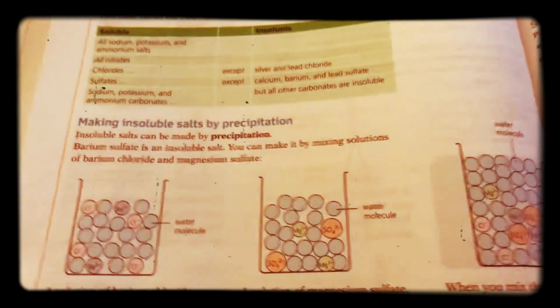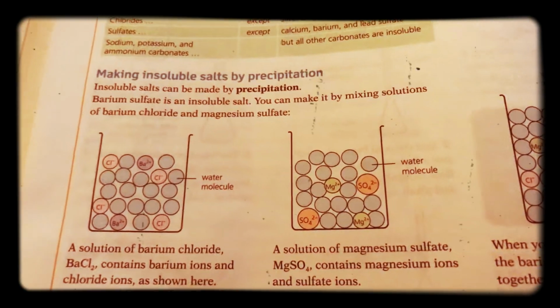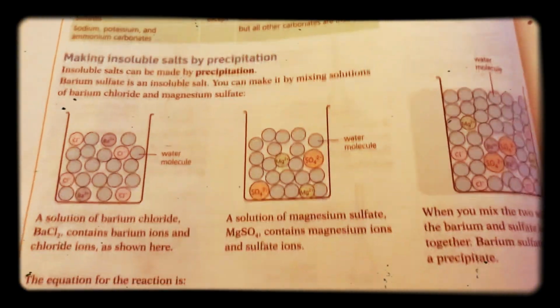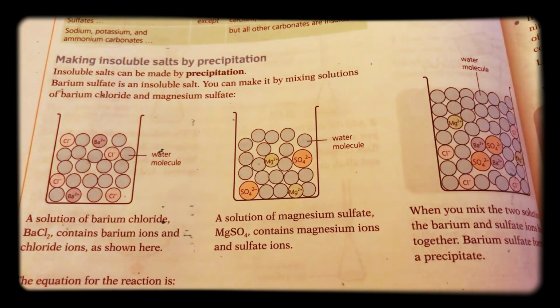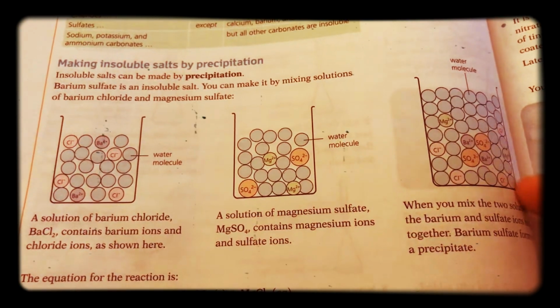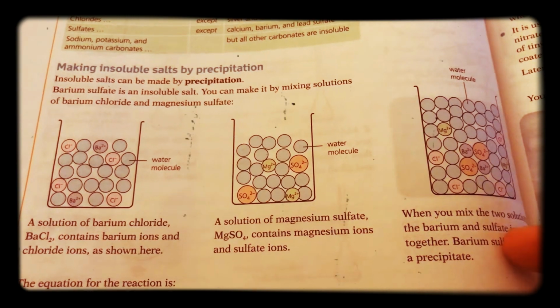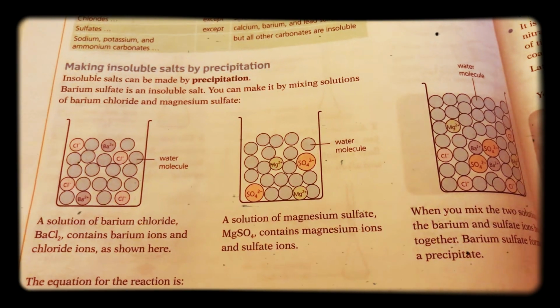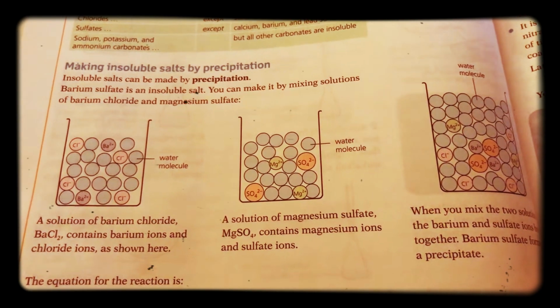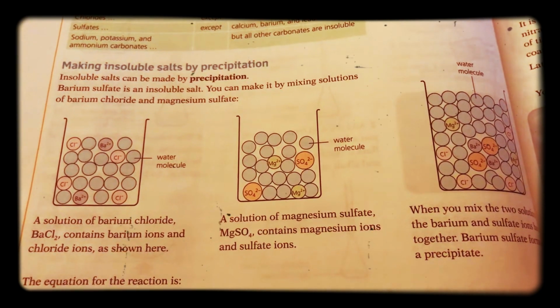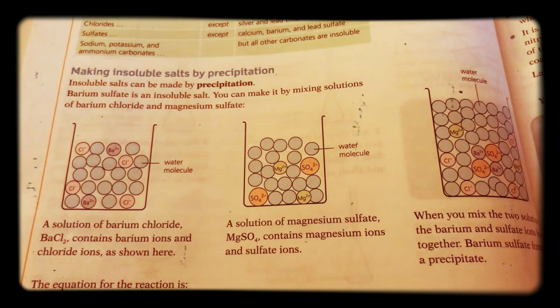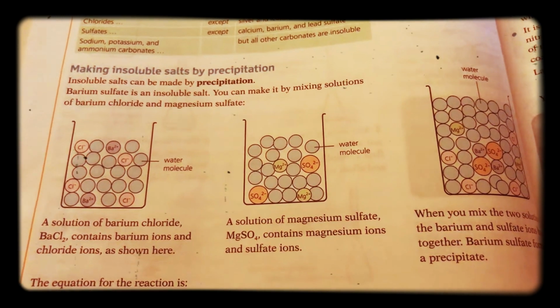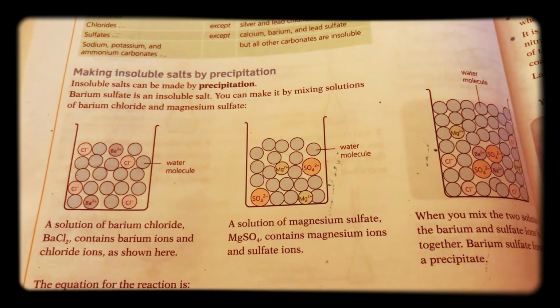Now, how do we make insoluble salts? We can actually utilize this to make an insoluble salt. The example that you have in the book talks about making barium sulfate. The video that I'm going to be asking you to watch is quite a lengthy video, but it takes you from start to finish of a practical that's pretty much done in someone's garage.